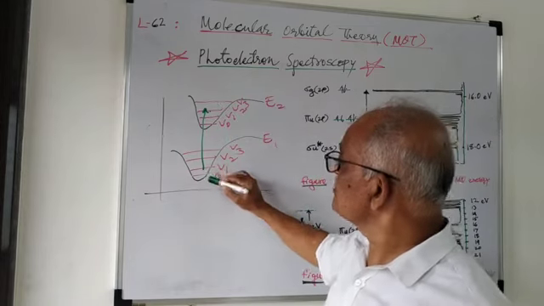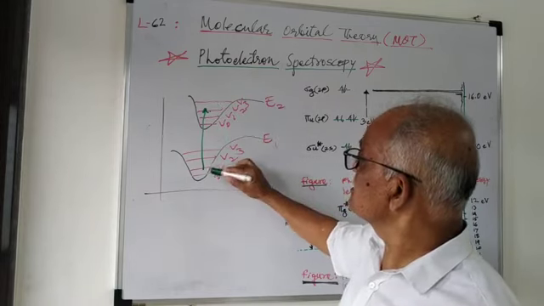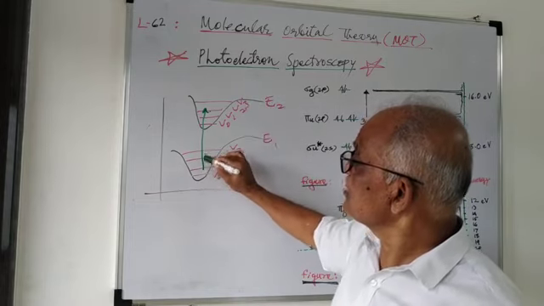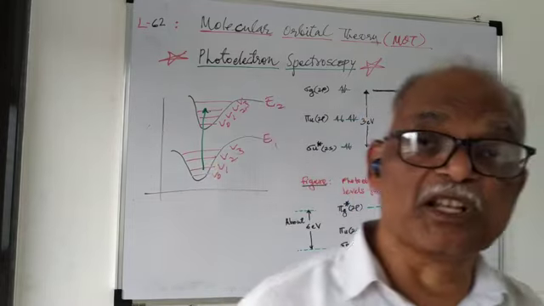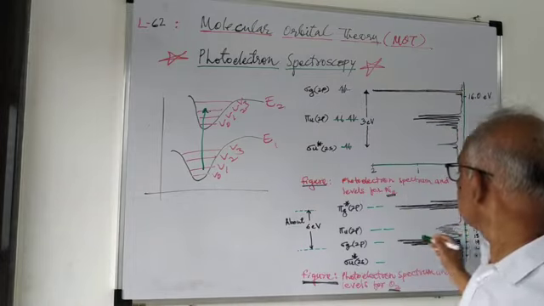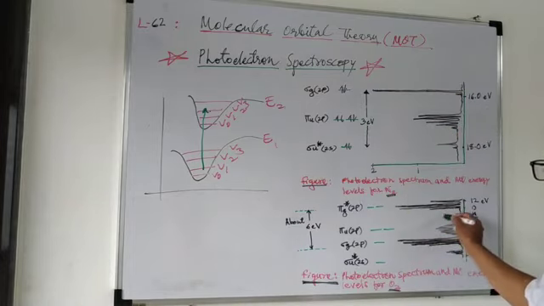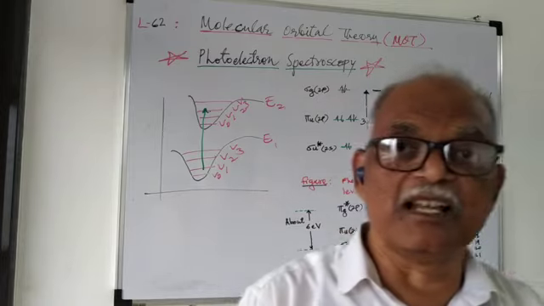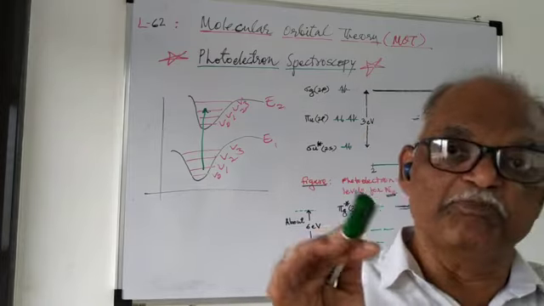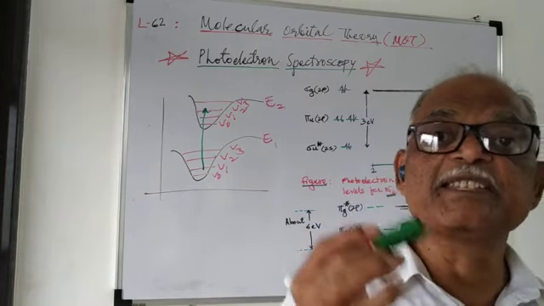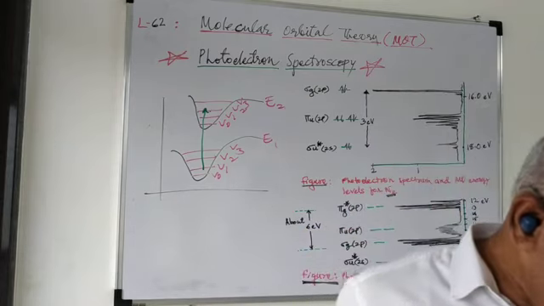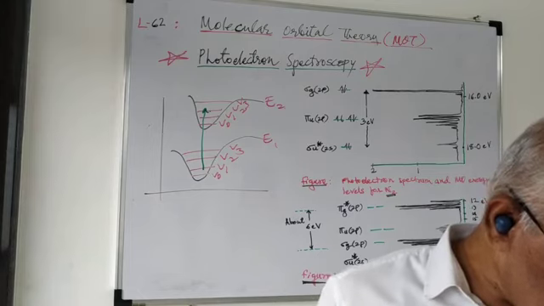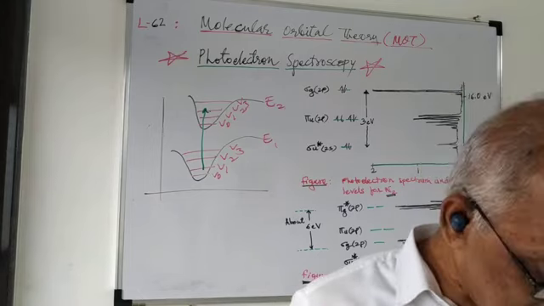When an electron moves from this electronic energy level to the second electronic energy level, there is involvement of vibrational levels, and because of this we find the fine spectral lines. Instead of giving a single peak, there is a bunch of such fine spectral lines, and this is because of the vibrational transitions involved during the electronic transition also.